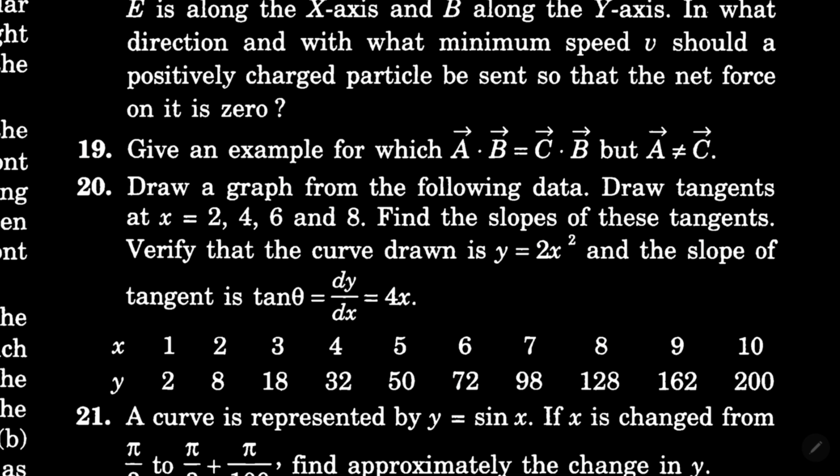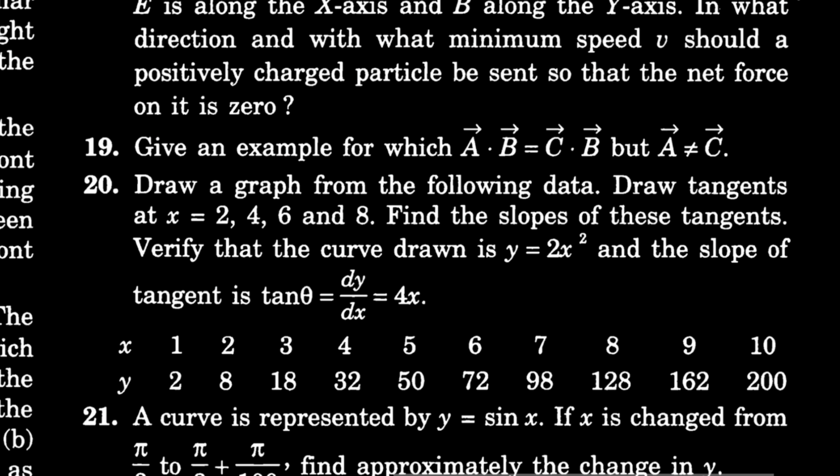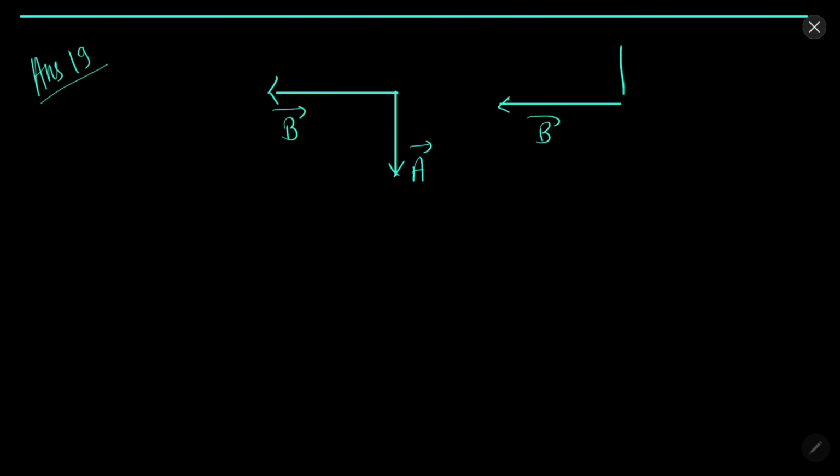In question 19, we need to give an example for which A dot B is equal to C dot B, but A and C are not equal. So this is the 19th one. So let's say we have a situation like this. This is the A vector, this is the B vector, and again this is the B vector, but this is the C vector.